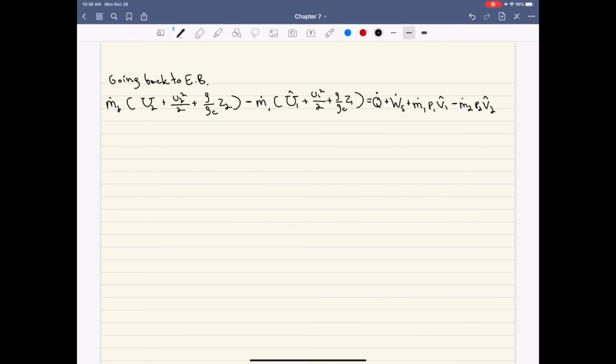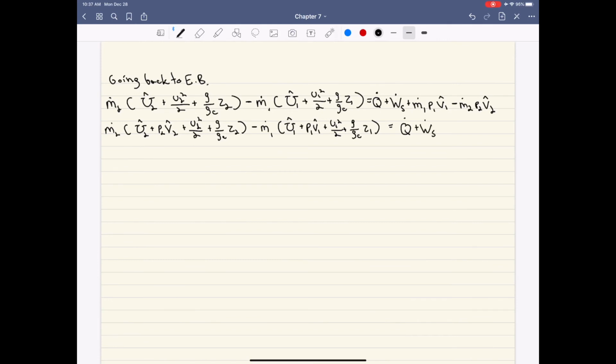By doing that, what we now have is M2 times (U2 hat plus P2 V2 hat plus u2 squared divided by 2 plus g over gc Z2) minus M1 times (U1 hat plus P1 V1 hat plus u1 squared divided by 2 plus g over gc Z1). And that's going to be equal to Q plus shaft work.